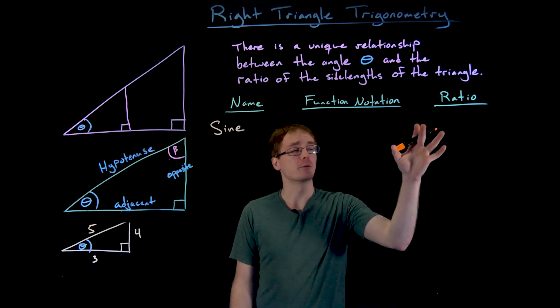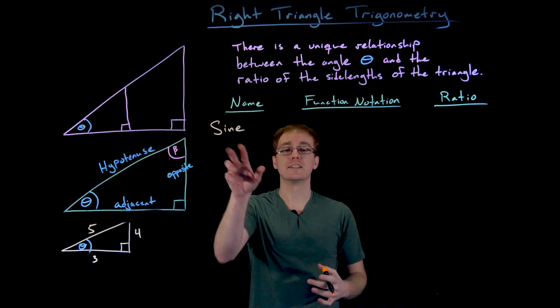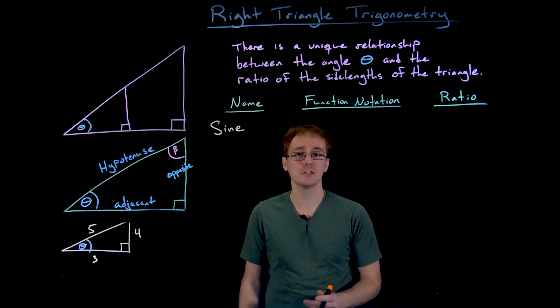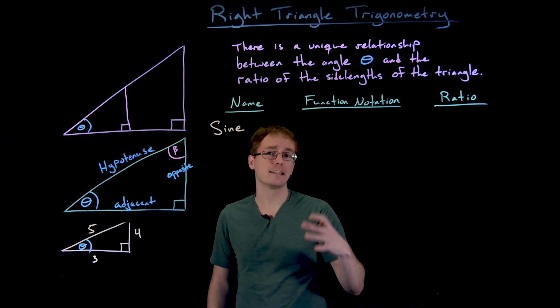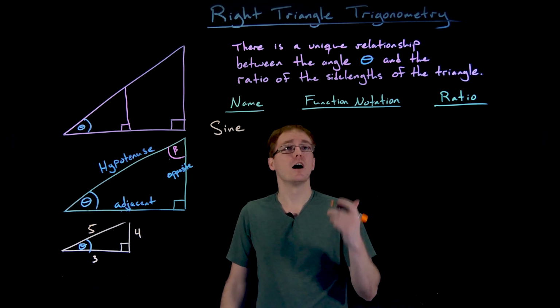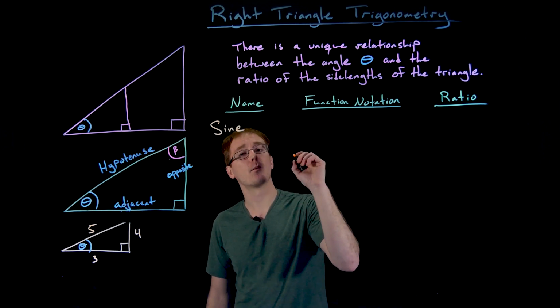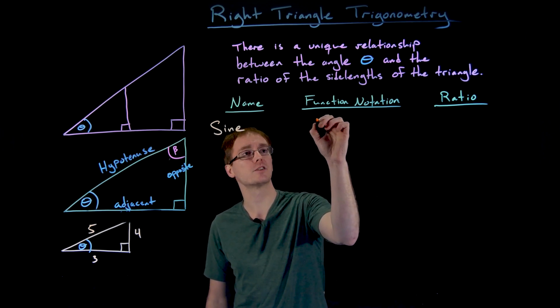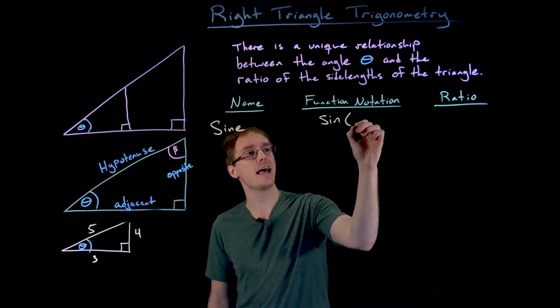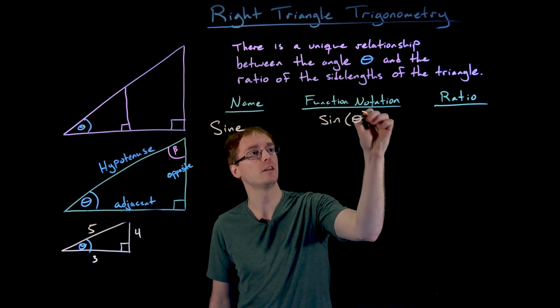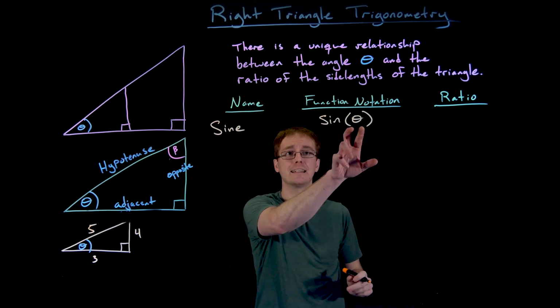The first trig ratio or function is what we call the sine ratio or the sine function. S-I-N-E, that's how you spell the name of this function. But if we're going to denote it using our function notation like f of x or f of theta, it's S-I-N, and then parentheses for our function notation used to indicate the input.